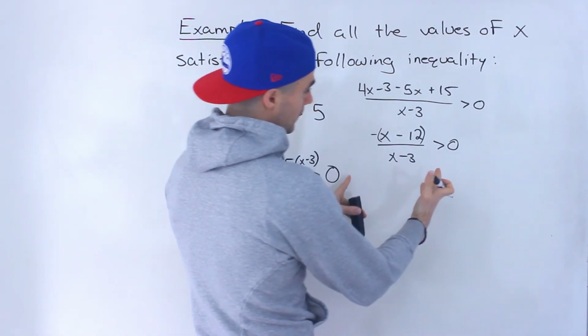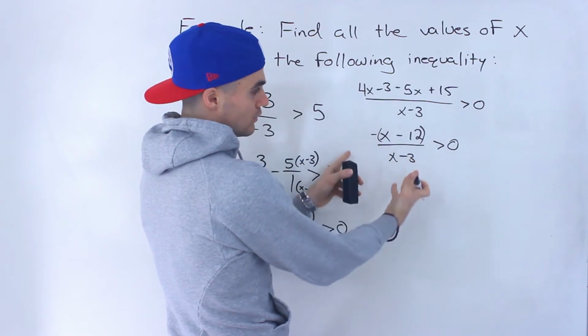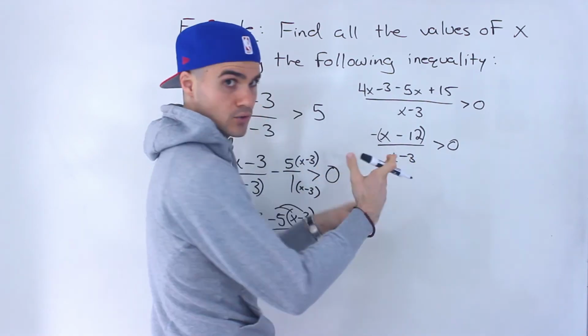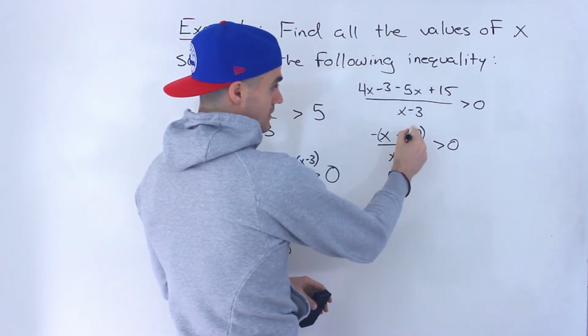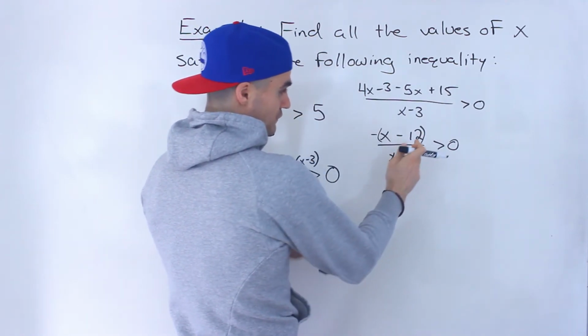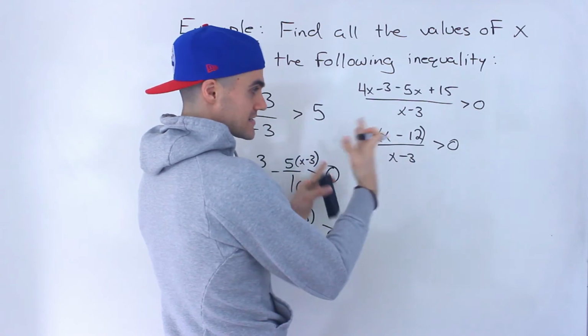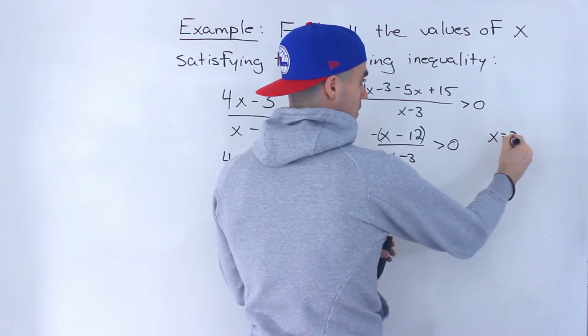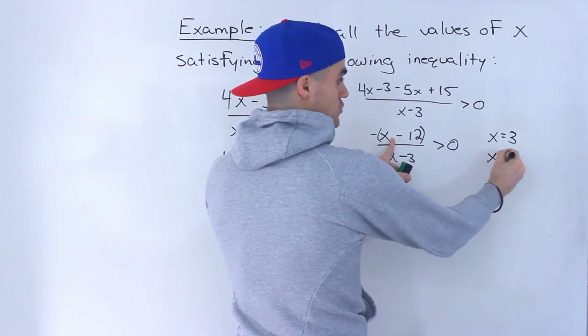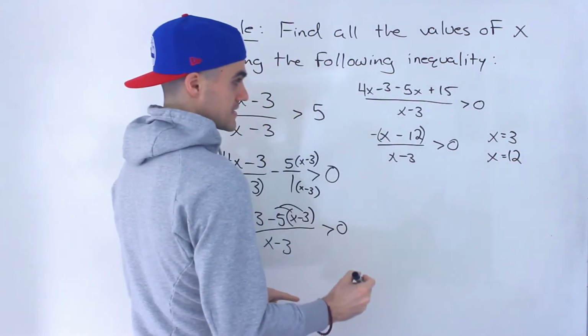So from here, what you want to do now is take all of the factors in this rational expression and create a sign chart. Notice that you first have to find all of the x-intercepts and all of the vertical asymptotes. So x = 3 is a vertical asymptote, and x = 12 is an x-intercept.